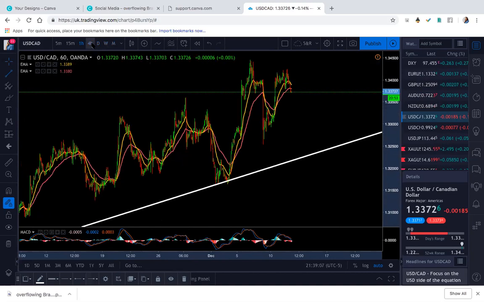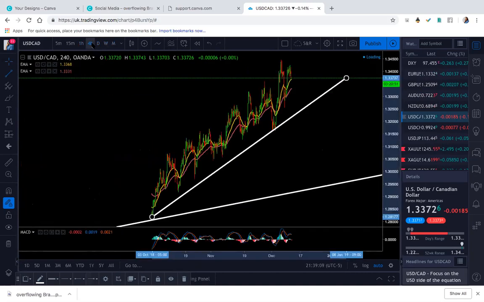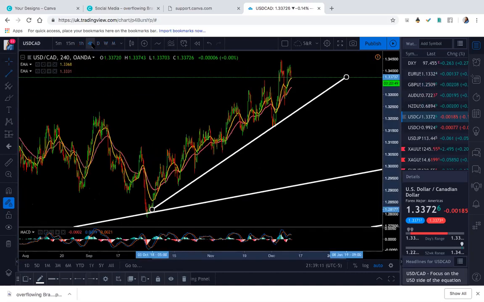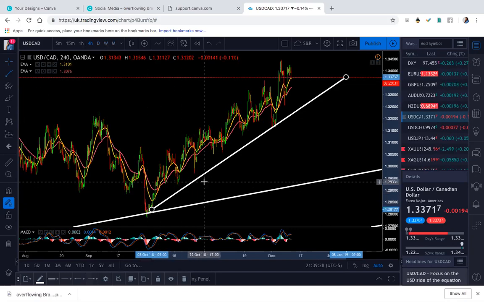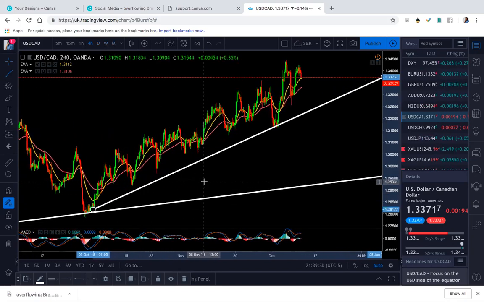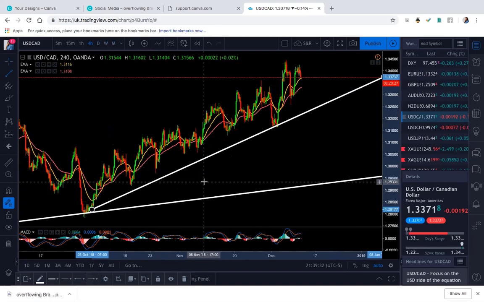Now, guys, when you're building your analysis for a pair that you're interested in, try to write down your stories, because each pair has a story. You can start with writing down what you see in terms of candlesticks. You can write down the trend that you see, the areas that you see being respected.